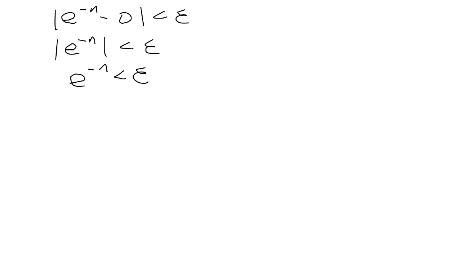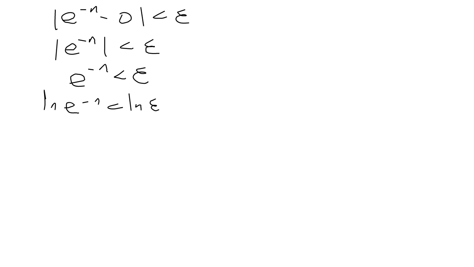Pardon about that. e to the minus n minus 0 is less than epsilon, so e to the minus n is less than epsilon. I told you why already, it's always positive. To solve for n, we take the natural logarithm of both sides: ln of e to the minus n is less than ln of epsilon.